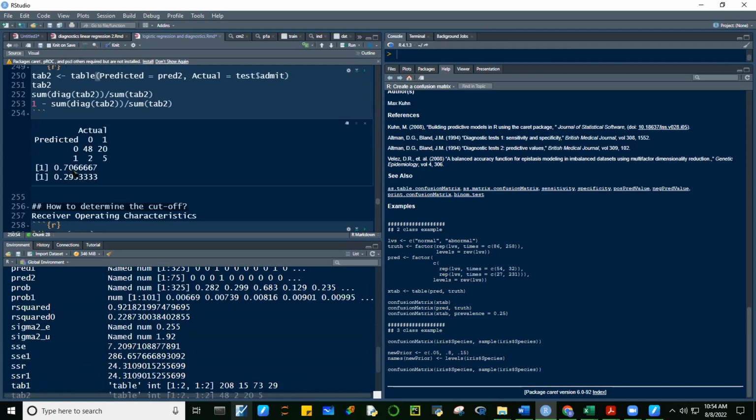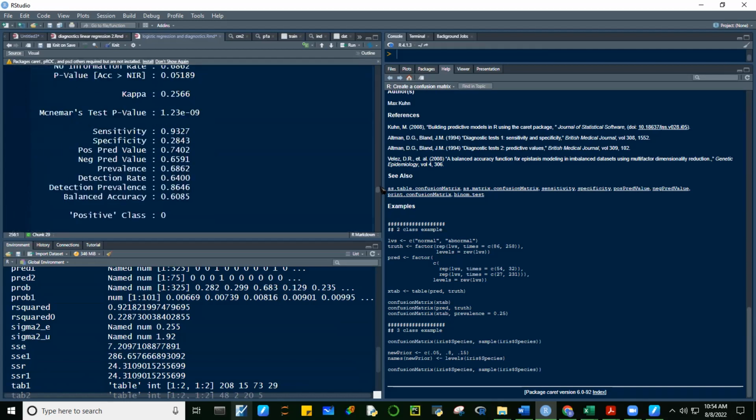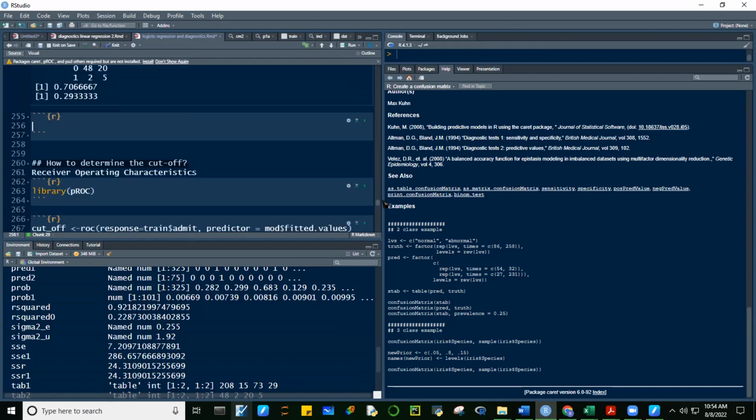Okay. 70% yung tamang prediction, 29% yung maling prediction. Okay? 70% or 71%. And pwede rin tayo mag-add, Control-Alt-I. Pwede rin natin gawing, okay, ano ba ginawa natin kanina doon? Dapat CM test.